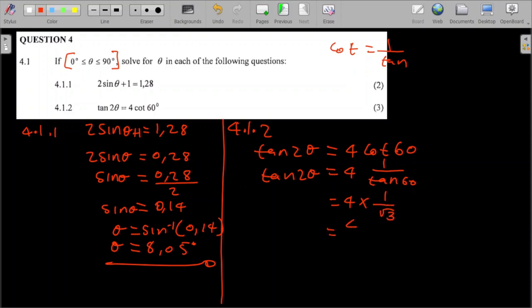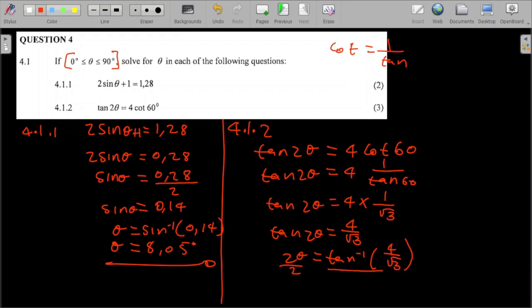Remember, I still have tan 2 theta, and I'm looking for theta. So 2 theta is the inverse tan of 4 over the square root of 3, and then I divide by 2. Punching all of this into my calculator gives me 33,29 degrees. So this is the theta that I'm looking for.